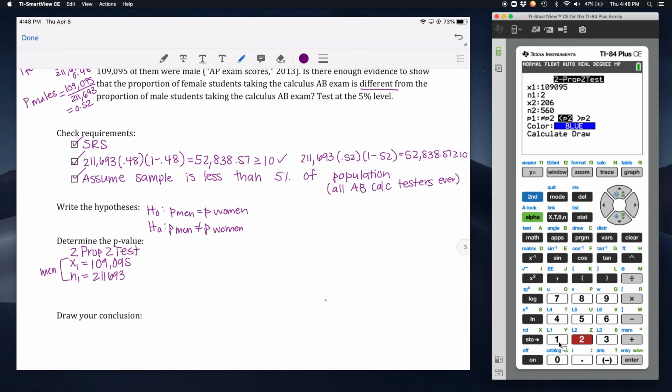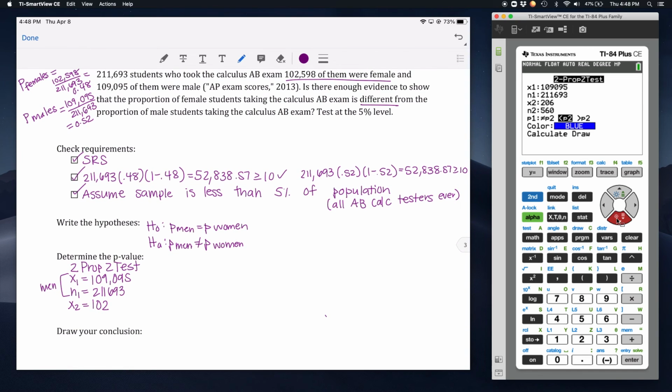And then here, the 211,693, and N2 is going to be 102,598 for women. And then your N is still the same size. And then we are choosing that they're not equal to.